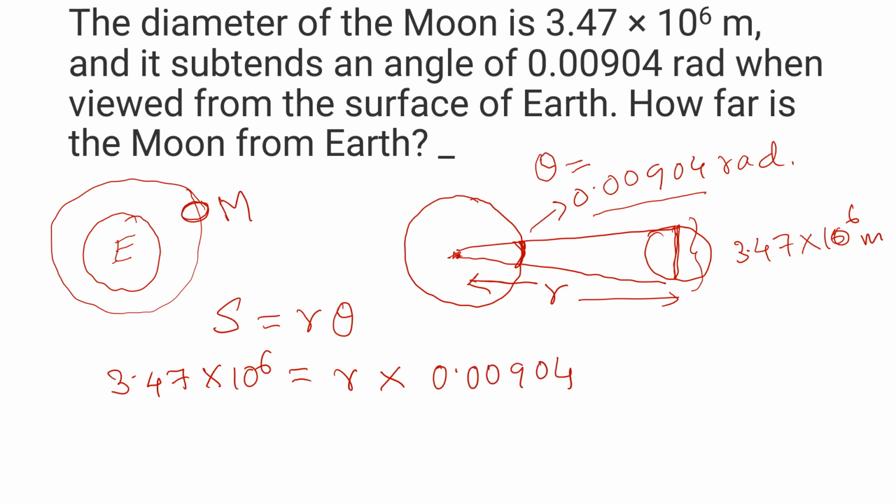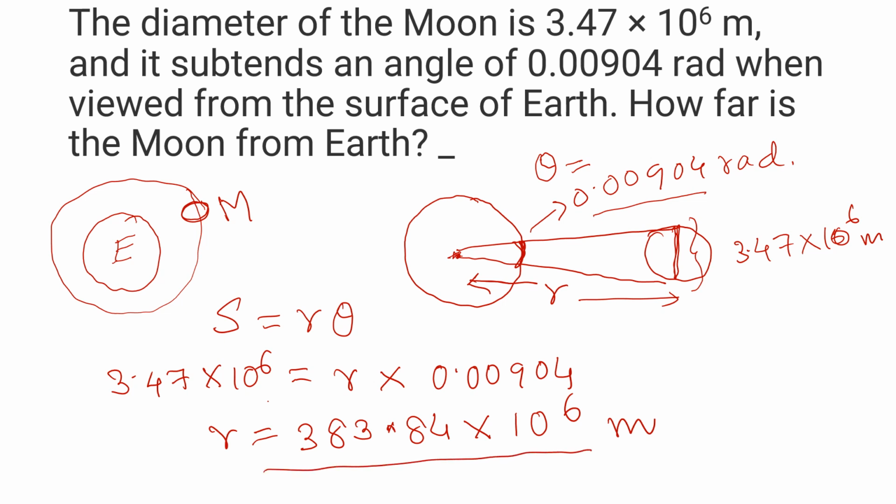All right, so if you divide, you get 3.47 times 10 to the power 6 divided by 0.00904, and you get a value of 383.84 times 10 to the power 6. And that is the distance of the moon from the Earth. So that is your answer.